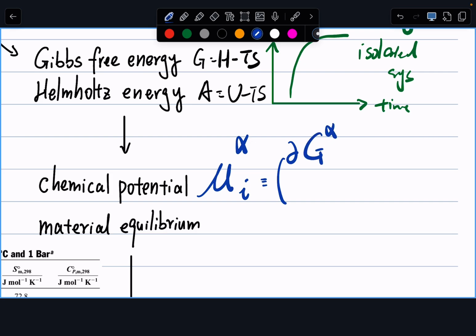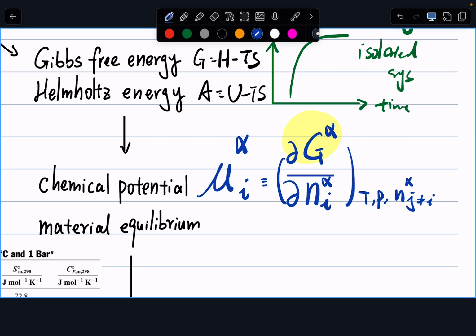This is where people always make mistakes in that definition of chemical potential. This is the total Gibbs free energy of everything inside that phase alpha, divided by the partial differential of the number of moles of your species i in phase alpha, while keeping temperature, pressure, and n_j (j not equal to i) in phase alpha constant.